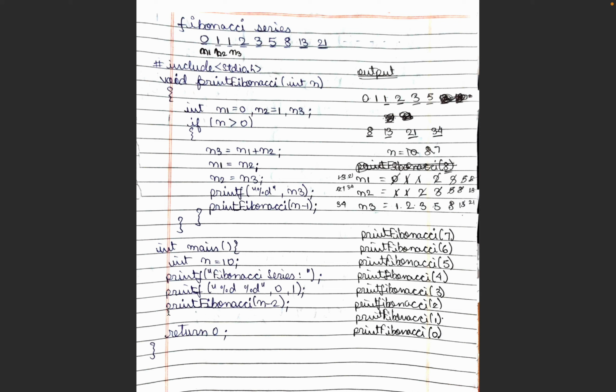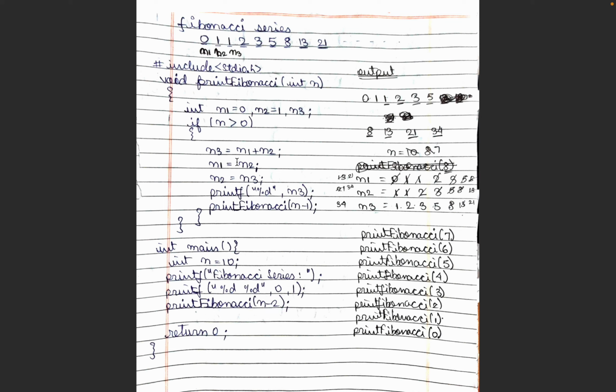Now from here you need to keep your focus. This is written printFibonacci, but this is not some kind of print function. This is a function name. printFibonacci is a user defined function name that is passing a value of n minus 2. Why n minus 2?